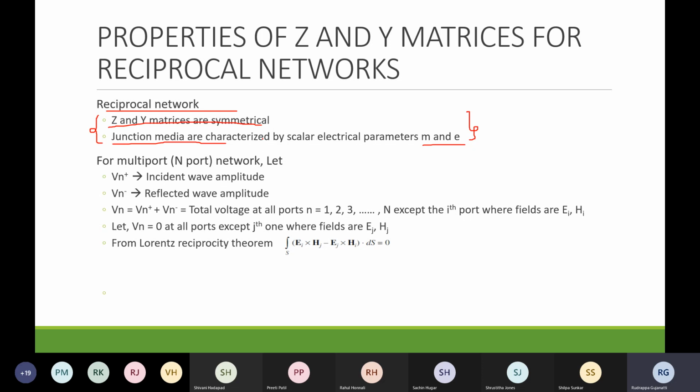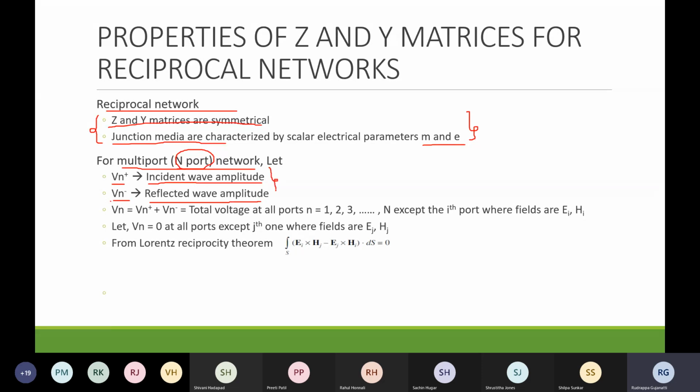And now, whenever we consider a multi-port network, say in general, if it is having n ports, then under that condition, we have Vn plus, which identifies the incident wave amplitude, and Vn minus gives you the reflected wave amplitude.